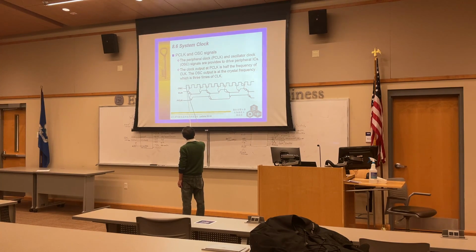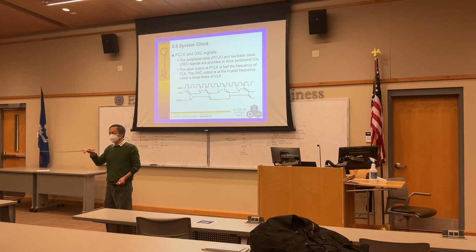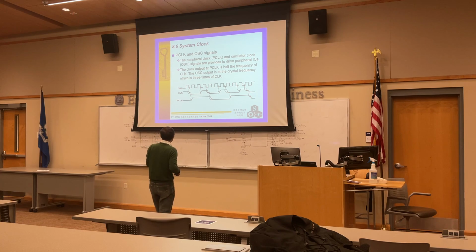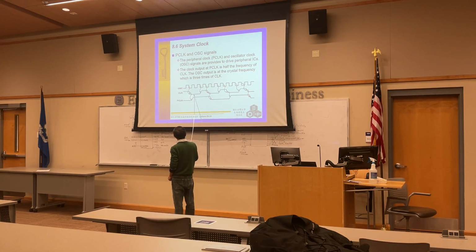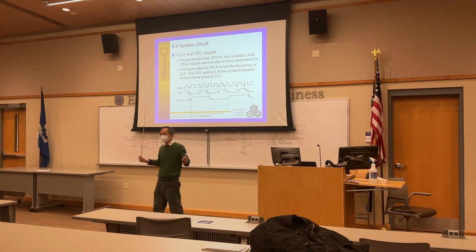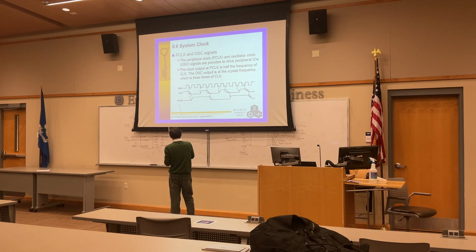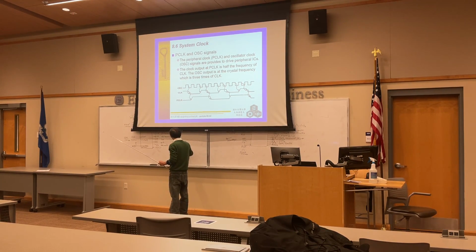So the oscillator clock is very accurate. When you translate it into the microprocessor clock, it slows down a little. So we have a rule: T clock equals 3 times the T oscillator.